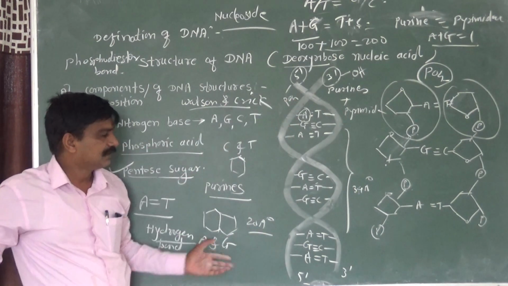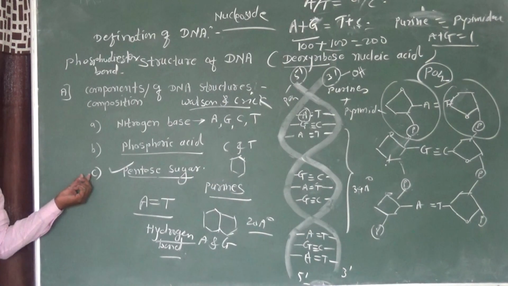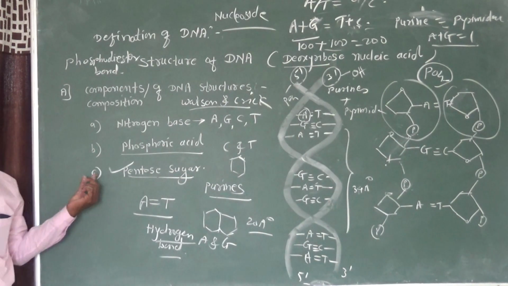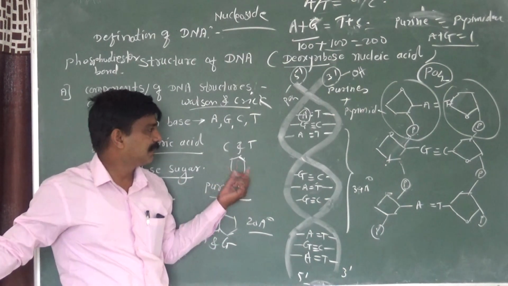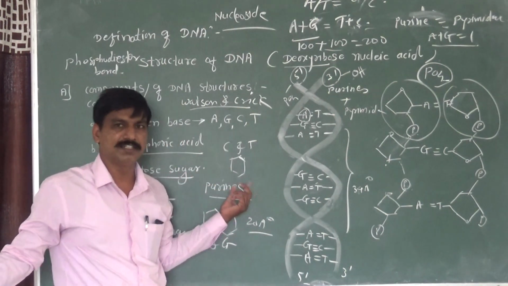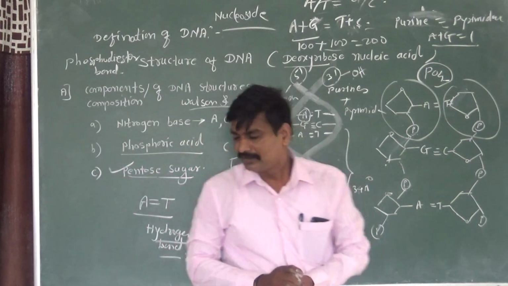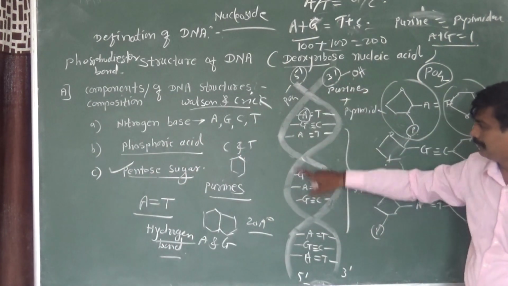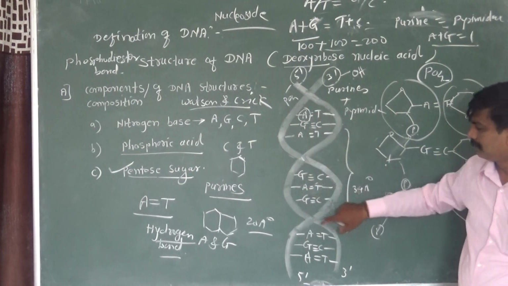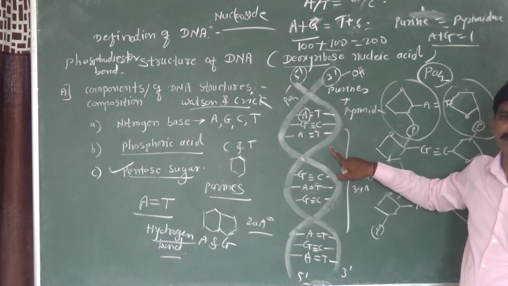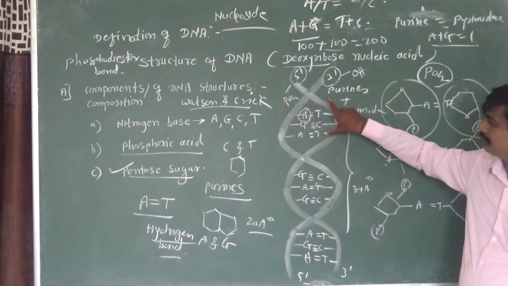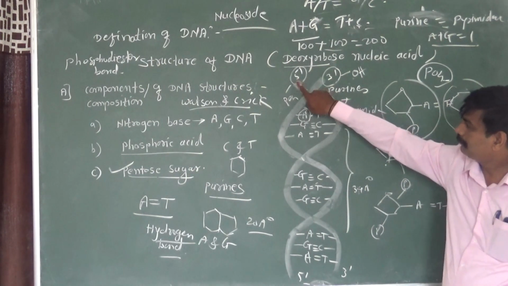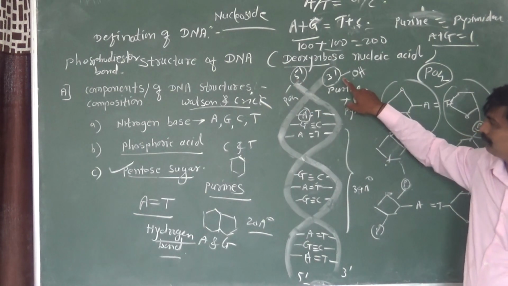So the structure of DNA is a simple double helical structure, a macromolecule. The structure is double helical, with the nucleotides attached by phosphodiester bonds, and then 5' and 3'.